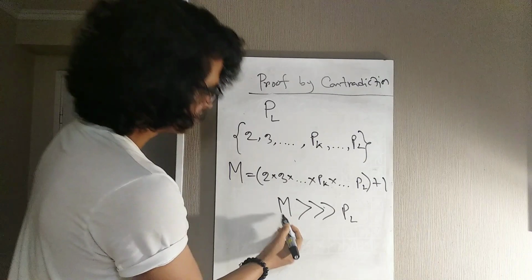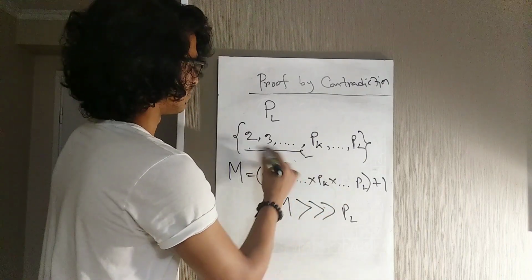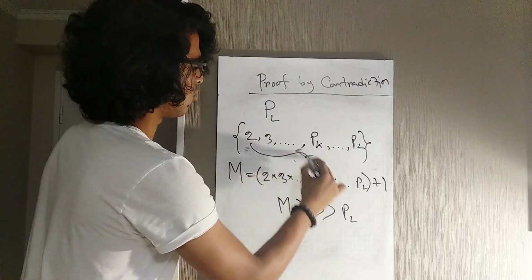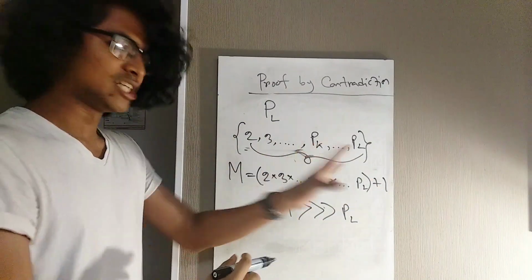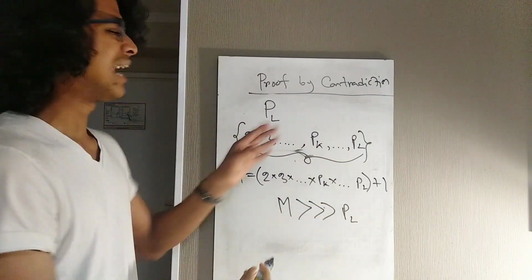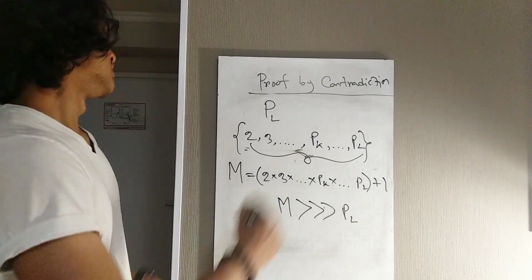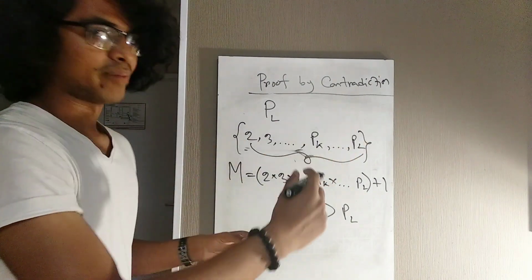That means M is divisible by one of these primes, because this is the list of all the primes that we have. So let's say M is divisible by one arbitrary prime number pk.